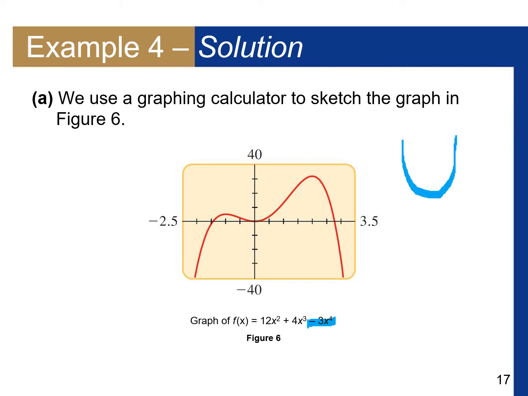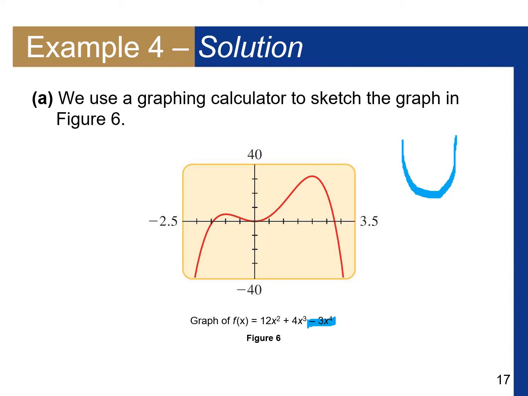And we'll look at that later. That's actually a whole section in itself, but I just wanted to point that out to you in case you were wondering why that's the case. And then you can see all this movement that happens here in the middle. That's because we have that x cubed going on, which causes us to change some directions here.